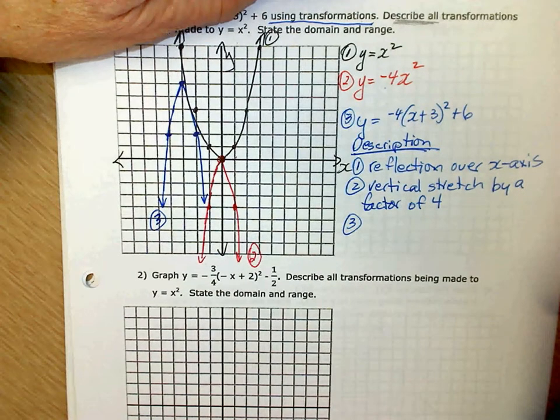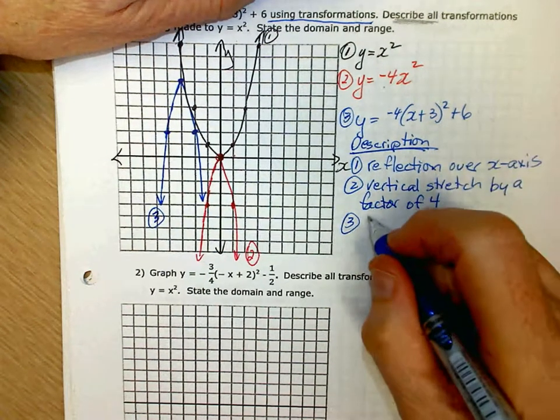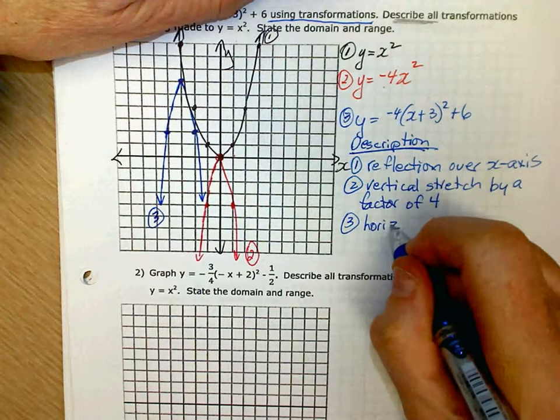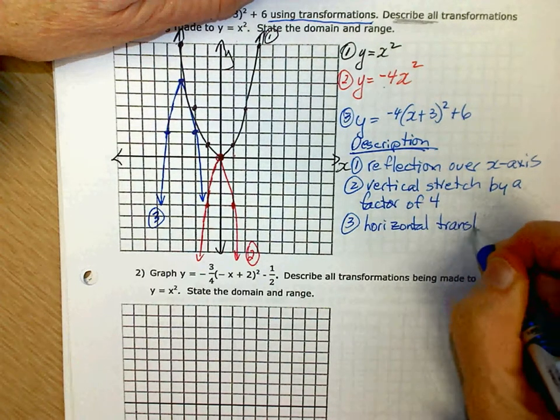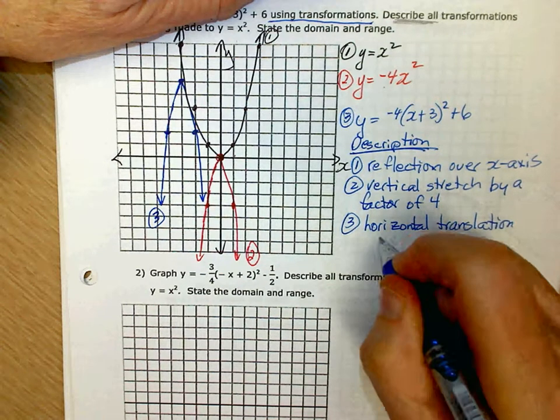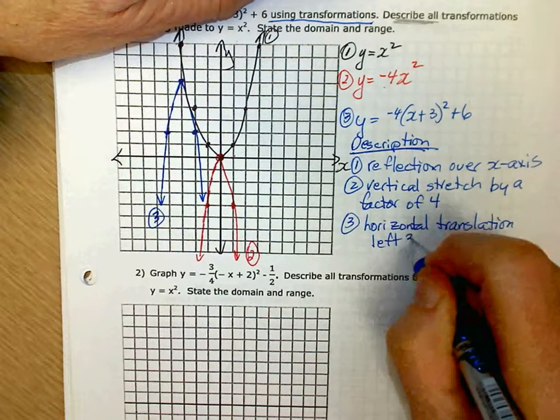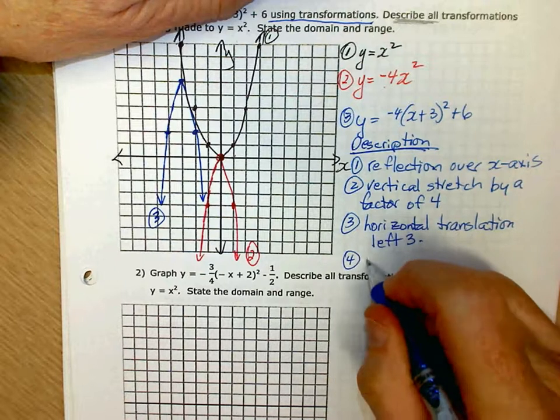Horizontal translation left 3. 4. Vertical translation up 6.